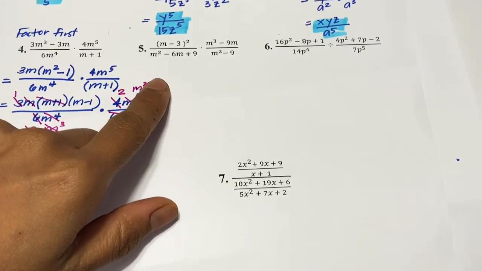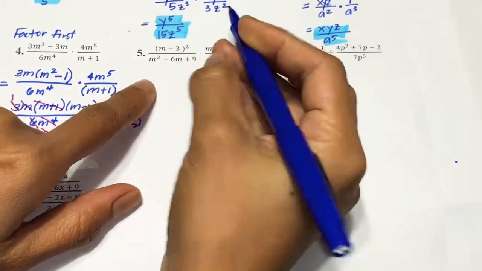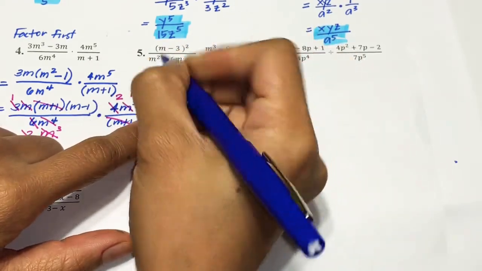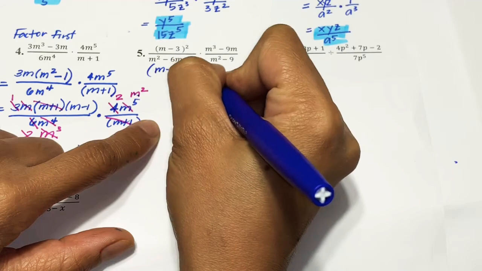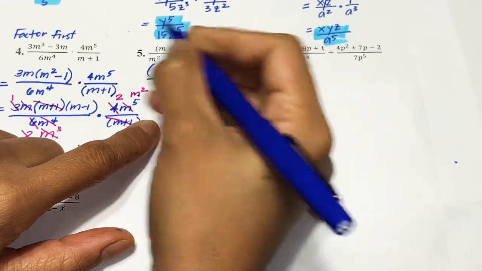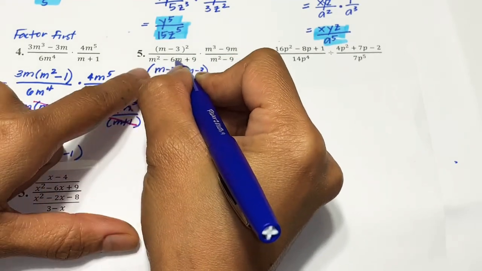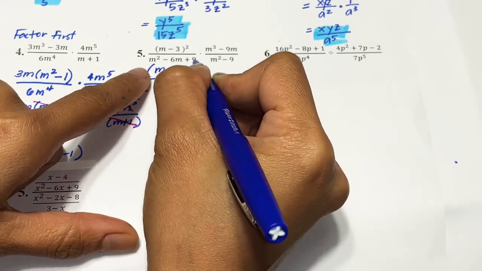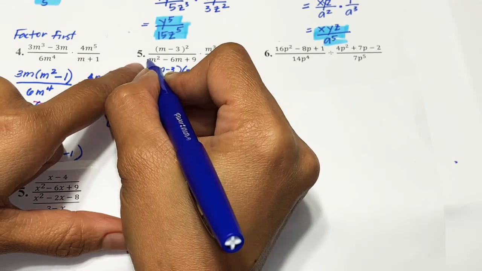Next one, number 5. Okay, this one I'm going to expand. It's already factored. I'm just going to expand it so you can see it better. M minus 3 times m minus 3. Oh, sorry. And then m squared minus 6m plus 9. You don't have to use the AC method because the coefficient of the leading term is 1.